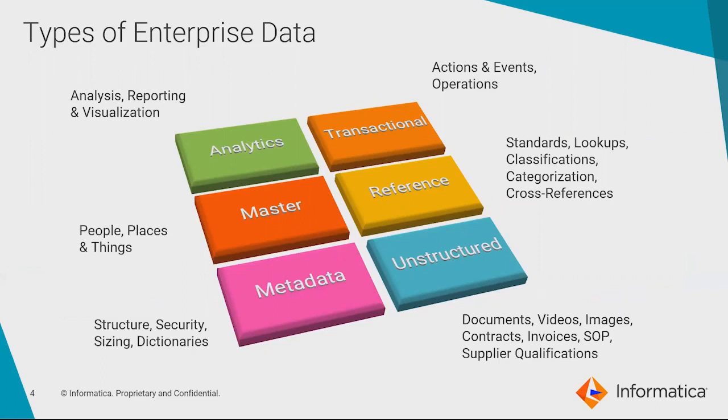So a transaction might be a person doing something in a place, buying a thing. Whereas reference data might be standards, lookups, classifications, categorization, cross-references from legacy codes. They're all dependent. So just as analytics are dependent on transactions, master data is dependent on reference data.